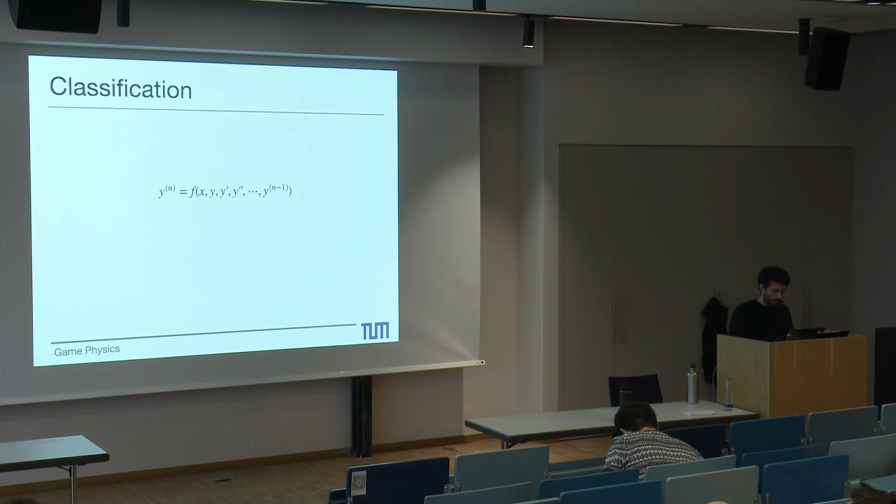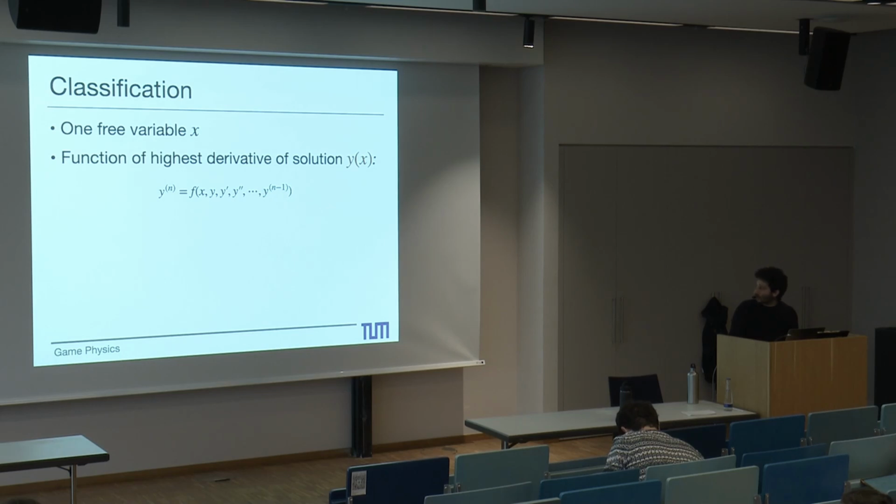So what we have now is one free variable x, and a function of the highest derivative of the solution y of x. Now, we are making a simplifying assumption, in the sense that we are only considering one free variable, which also immediately gives us an ODE, an ordinary differential equation.